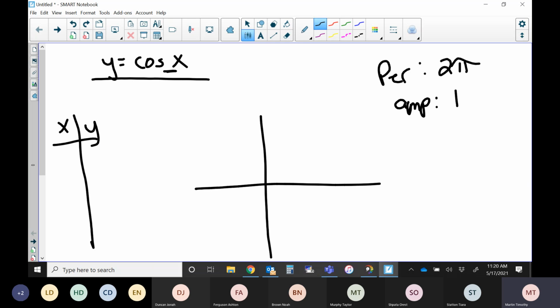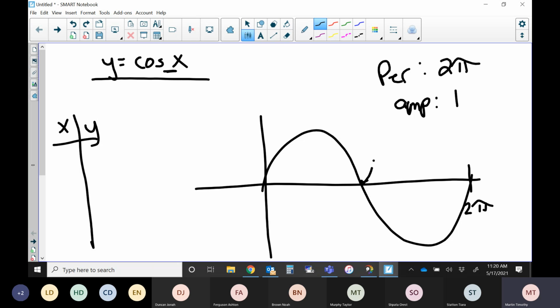Well, just drawing kind of an idea. If this is 2 pi, then we said that this would have to be pi. This would have to be pi over 2. And this would have to be 3 pi over 2. So we've got 0, pi over 2, pi, 3 pi over 2, and 2 pi. Those are my x's.